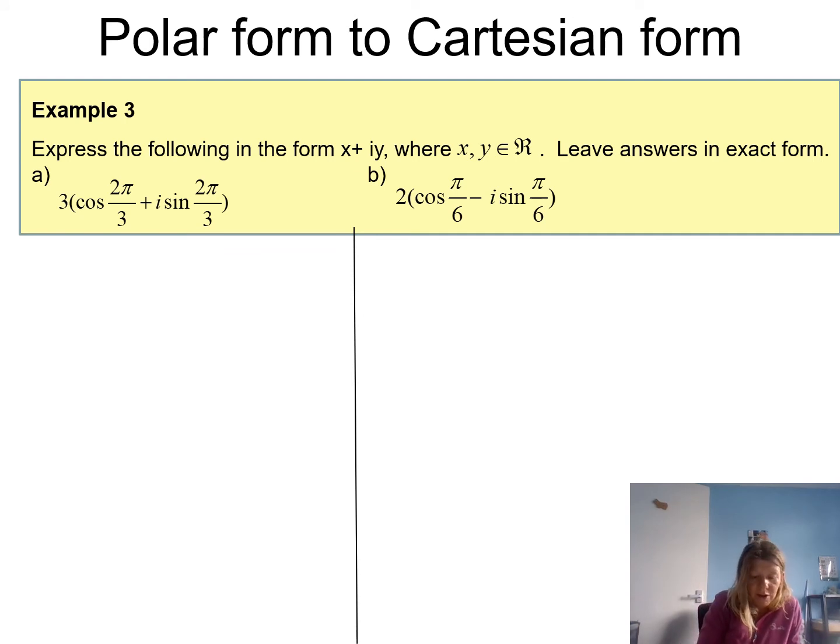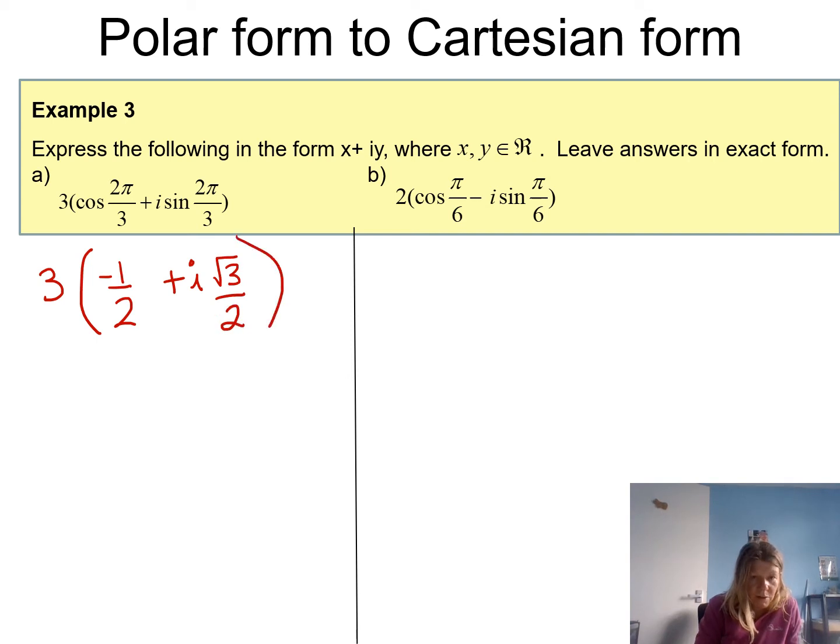Or if you just put it in your calculator, you won't take it in steps, you can find out what cos of 2 pi by 3 is, and you should find that works out to be minus a half. And the other one, sine of 2 pi by 3, is root 3 over 2.